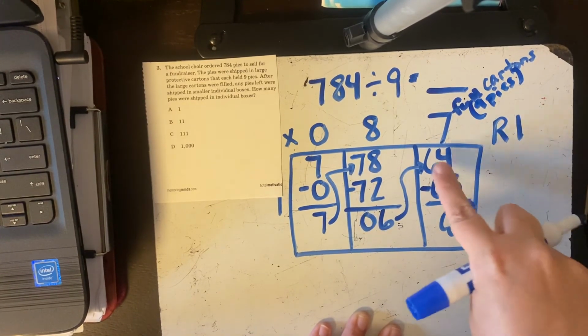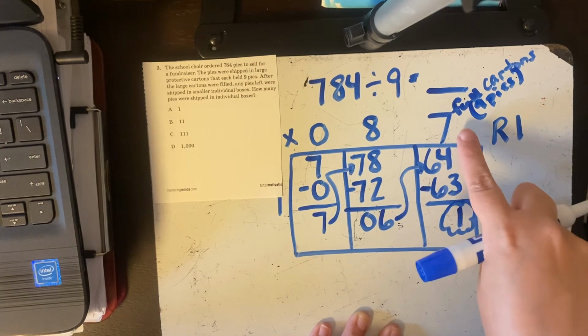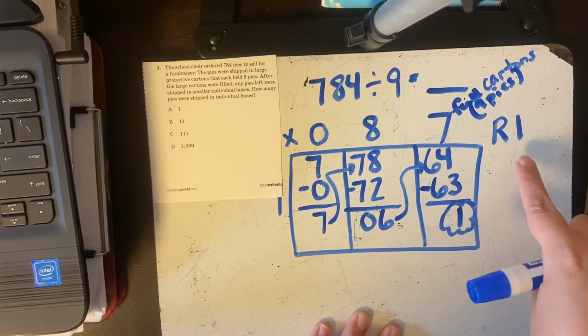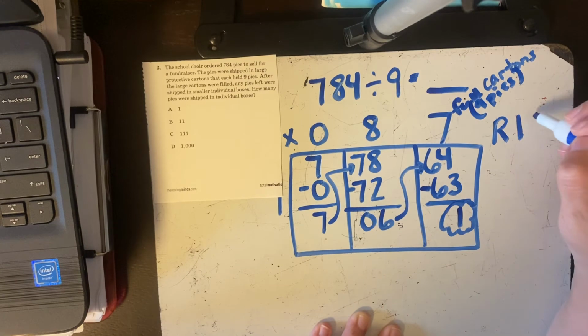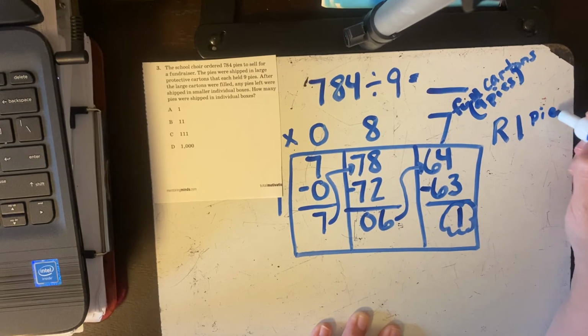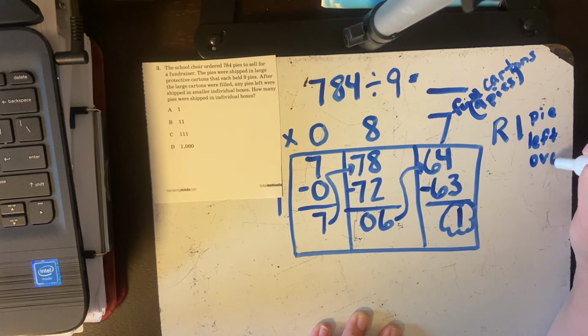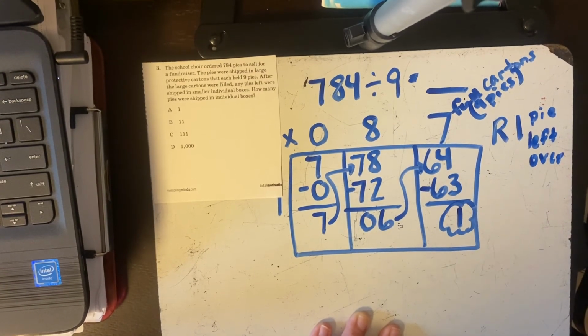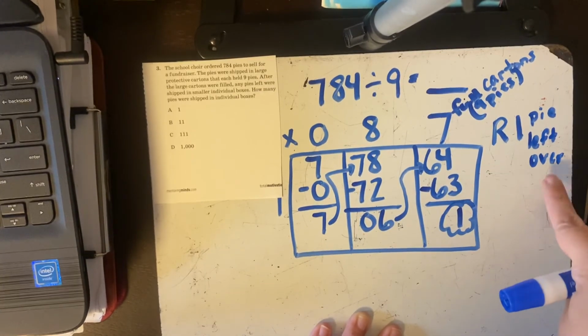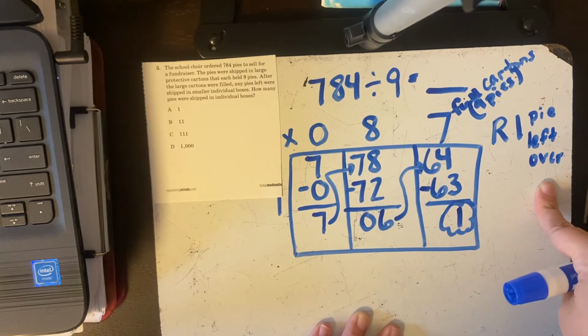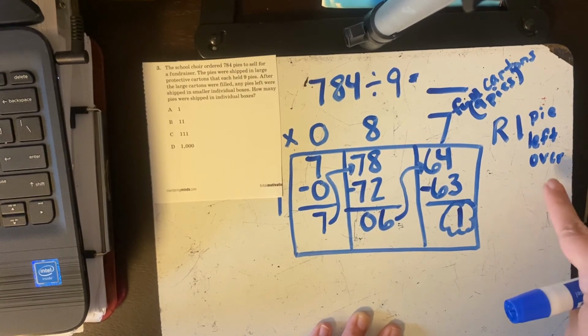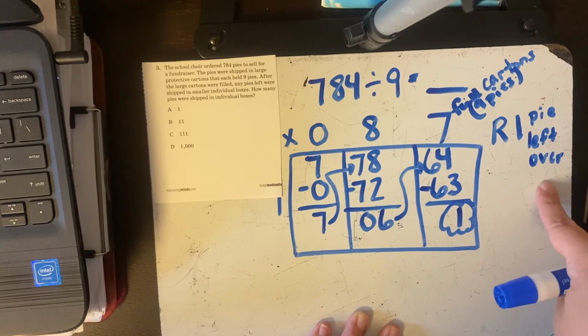Well, after they put the pies into the big cartons, our remainder 1 means that there's 1 pie that's left over. There's not room in the large cartons for this extra pie. So just like the question says, they're going to have to ship this pie in a smaller individual box all by itself.